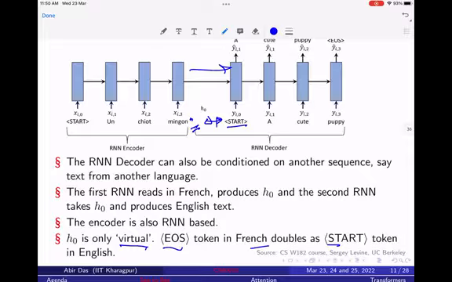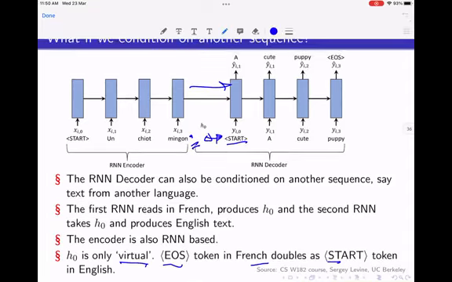Another important thing is that you could use the same RNN, because there is nothing in between which is different. You can just make these time steps all share the same weights. After it sees the end of sentence token in French, it basically just starts generating this English sentence.